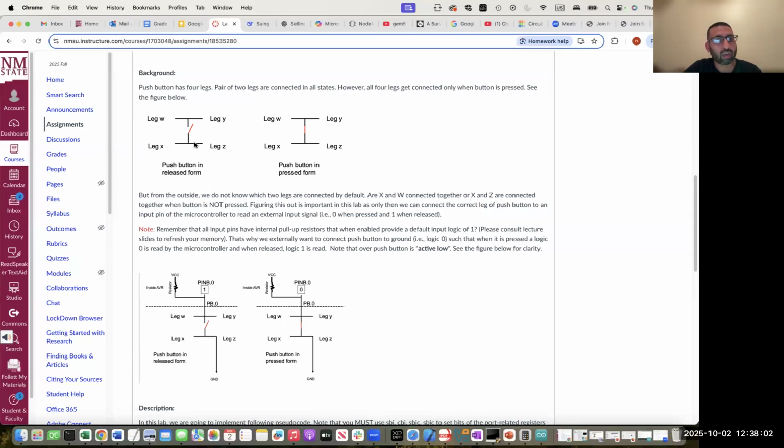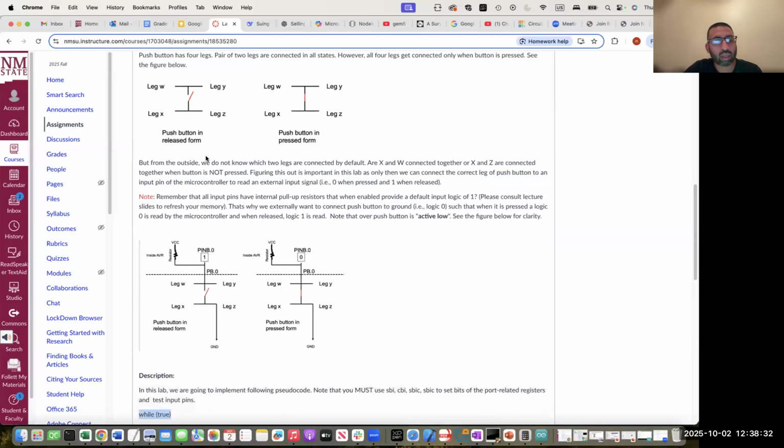I want that when I push the button, the input is 0, and when the button is released, the input on the pin is high. Which basically means that I want to know which two legs are connected together. So if 2 legs are connected together, I connect one of them with the pin on the microcontroller, and a pin from the other pair, for example X and Z, one of them I connect with the ground, right?